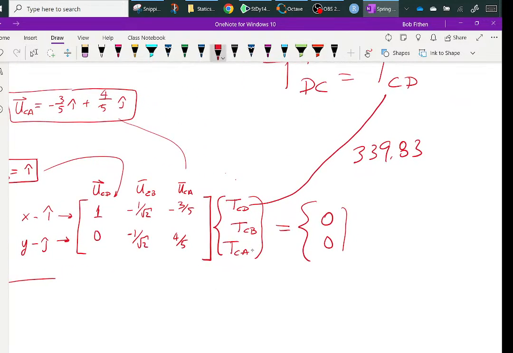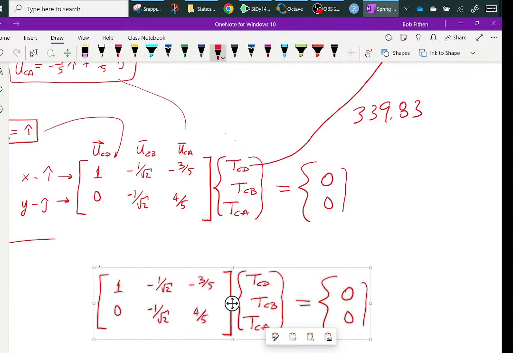And I can rewrite the equation. Let's do it this way. If I do a copy, and I drop it right here, I'll rewrite the equation, and I'll take that in. And so what I'll do is I'll write, wait, it was CD. I'll write that in as 339.83.